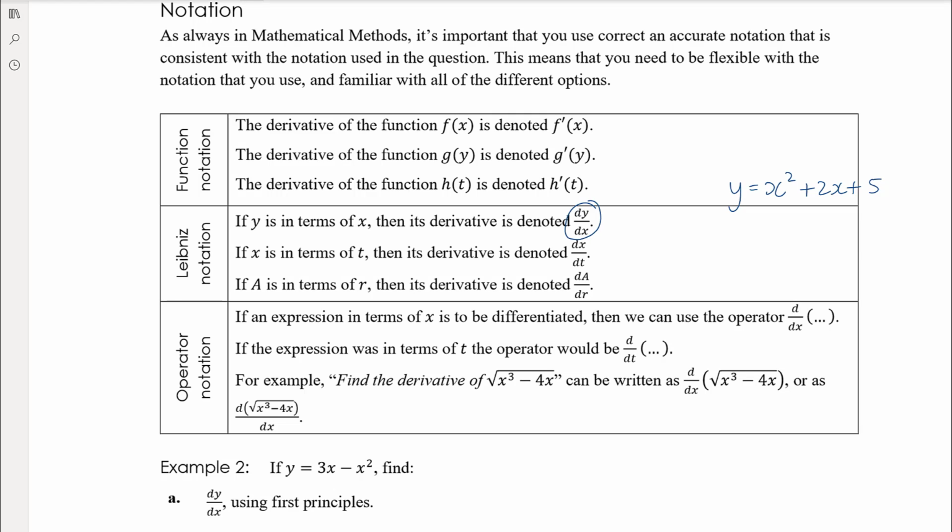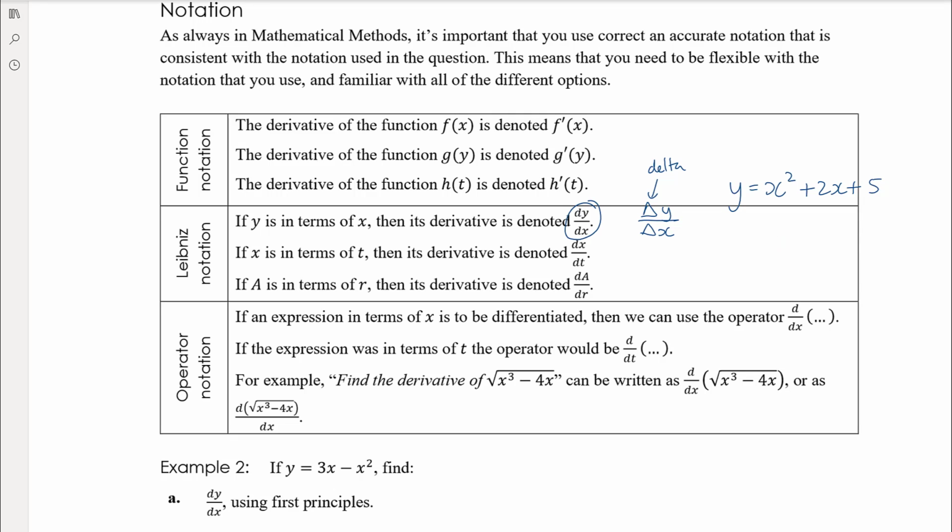This notation essentially evolves out of the fact that gradient is small change in y over small change in x. And this Greek letter delta is used to represent small change. So the gradient of the curve is about looking at the small change in y over the small change in x, okay, rise over run, to get the gradient.